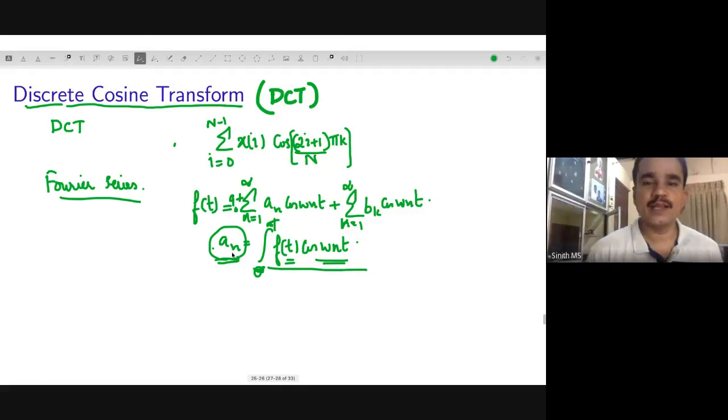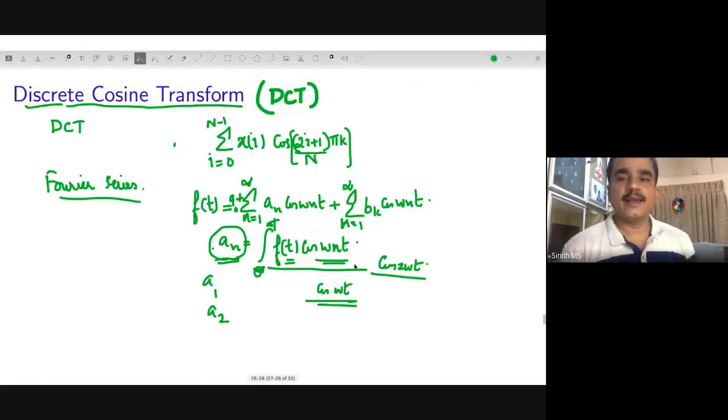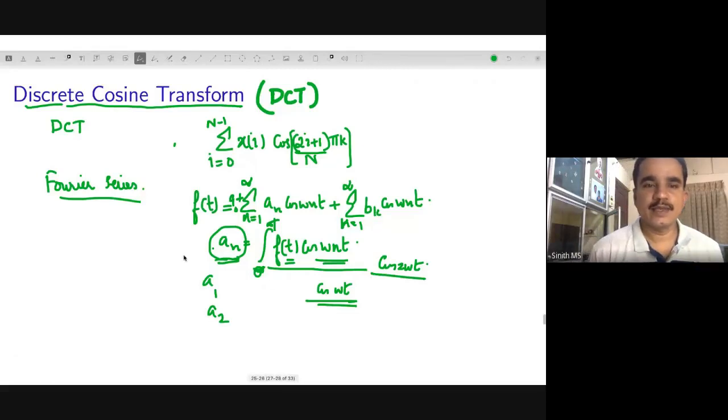If you want to find a1, this becomes cos omega t. So basically you are correlating your signal f of t with cos omega t. If you find a2, you are correlating your signal f of t with cos 2 omega t, like that. So this is the way you do Fourier series to find the coefficients a0 to whatever those values are.